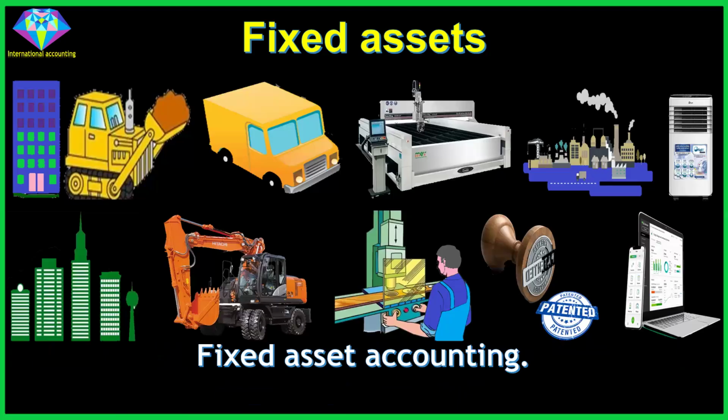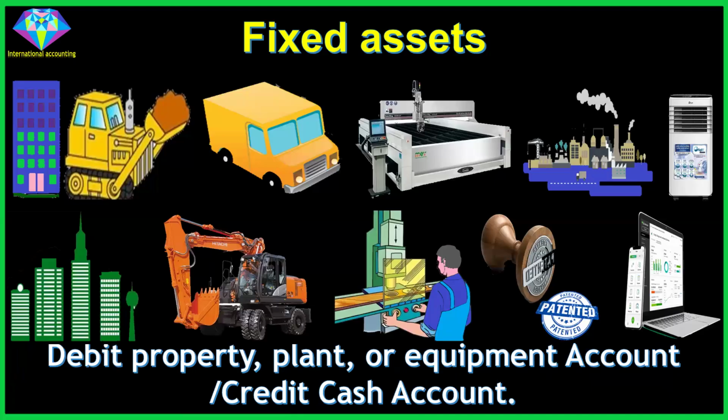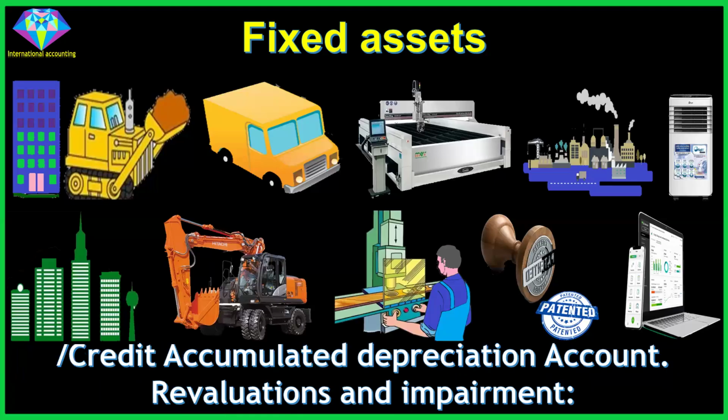Fixed asset accounting. When an asset, property, plant, or equipment is purchased: debit property, plant, or equipment account, credit cash account. Depreciation of fixed assets: debit depreciation expenses account, credit accumulated depreciation account.